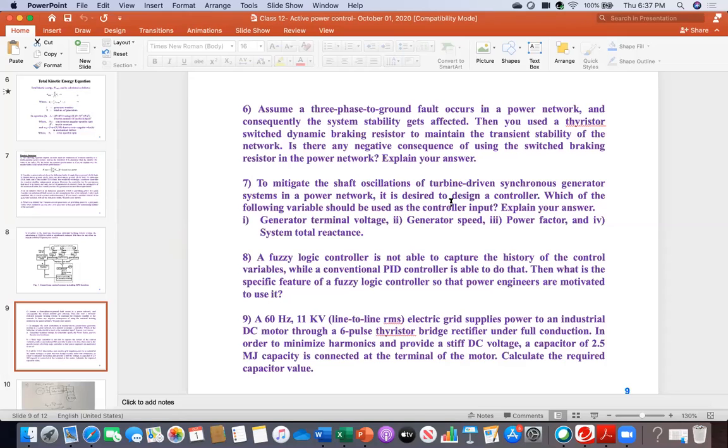Turbine-driven means steam turbine, gas turbine, nuclear turbine, a big-size generator, and there is shaft oscillation, which I explained. Now you need to design a controller to suppress those shaft oscillations. Is it generator terminal voltage, generator speed, power factor, or system total reactance? Which parameter will you consider as the input?